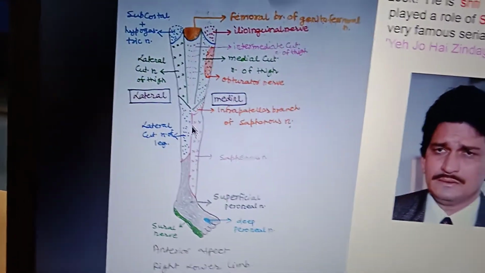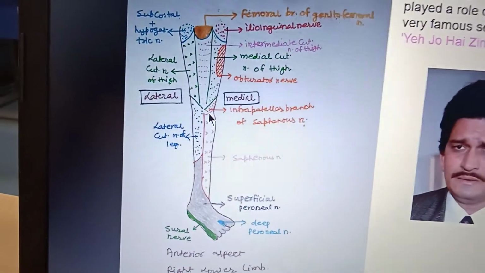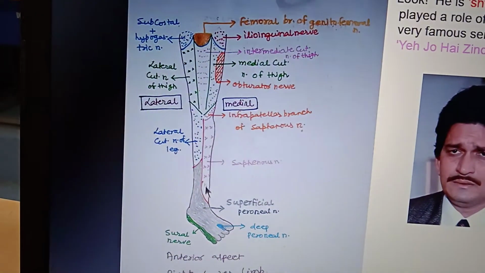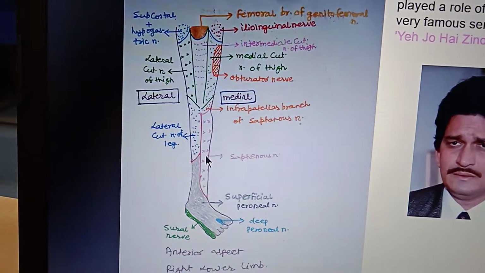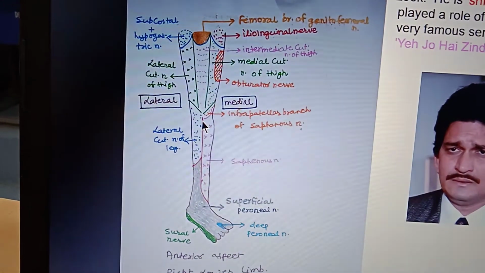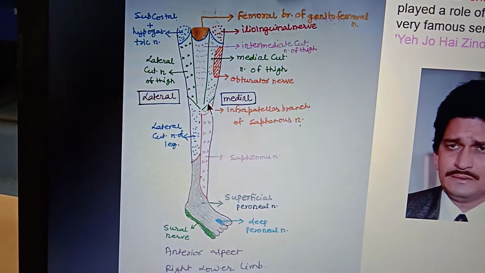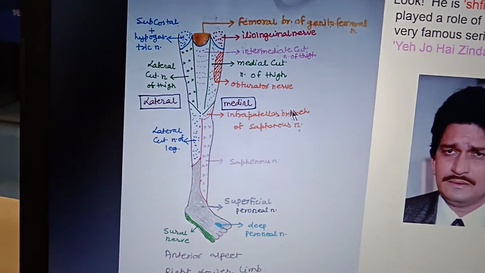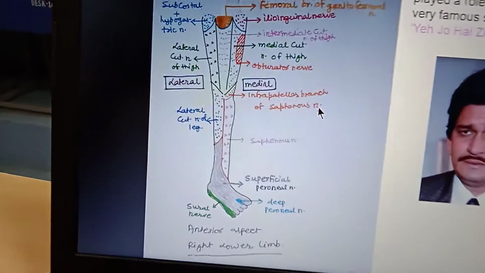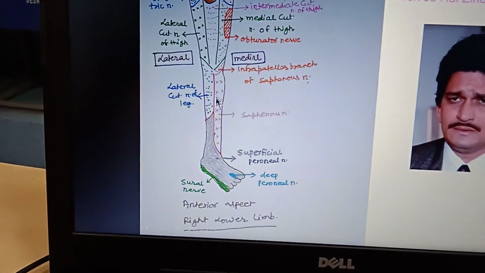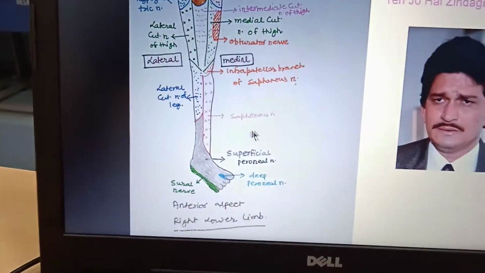On the medial side, the whole of this area of the leg is supplied by the saphenous nerve. A strip-like area just below the knee joint, below the patella, is the infrapatellar branch of the saphenous nerve. And this is the saphenous nerve.